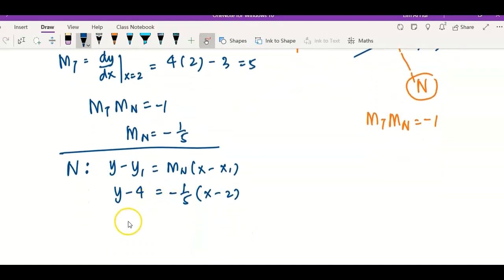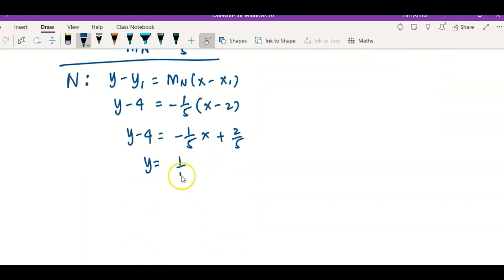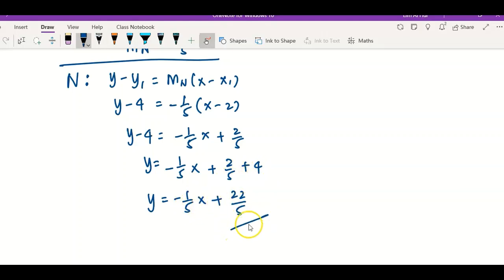Simplified, you get -1/5 x plus 2/5. So y equals -1/5 x plus 2/5 plus 4. Simplify further, you have 22/5.